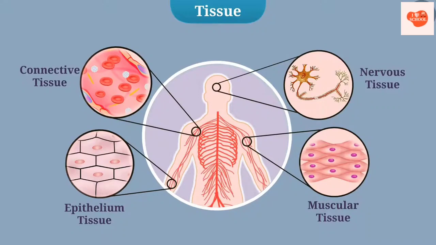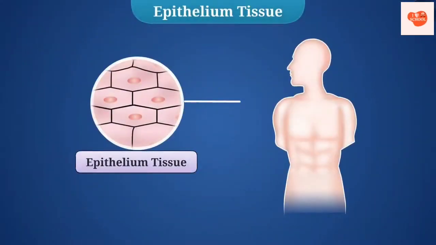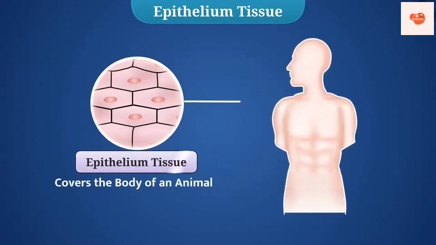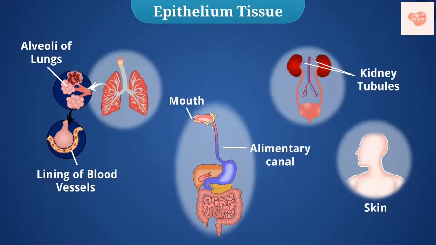Now, let's understand the epithelium tissue of animals in detail. Epithelium tissue is the tissue that covers the body of an animal and provides external protection. The organs and cavities present inside the body are covered by epithelium tissue.